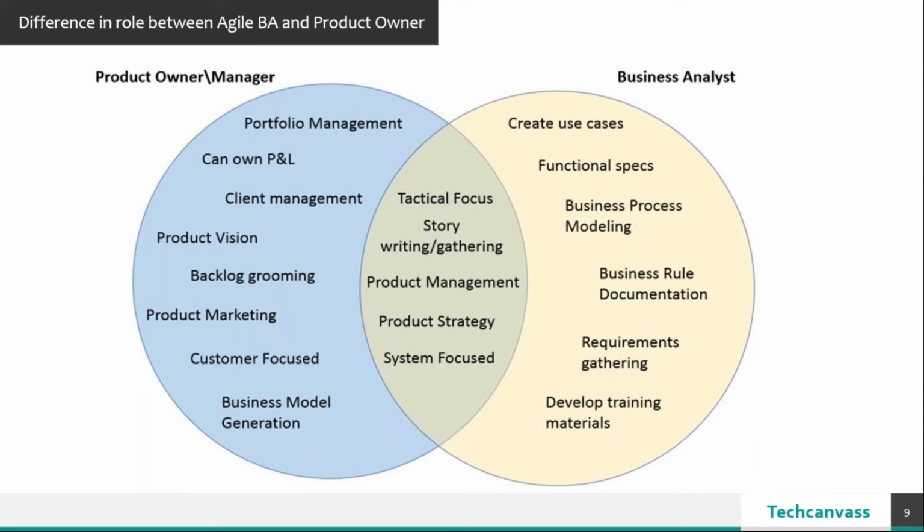So you can also pull in a business analyst to decide, okay, this is my roadmap, what are the next steps I would take. And eventually both the product owner and the business analyst are system focused. Everything that I'm trying to get is providing value add to the product and the system that's around.